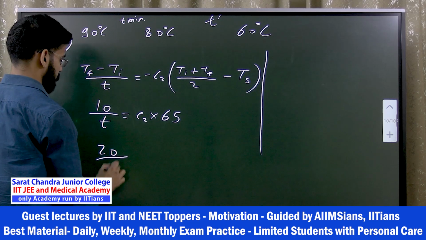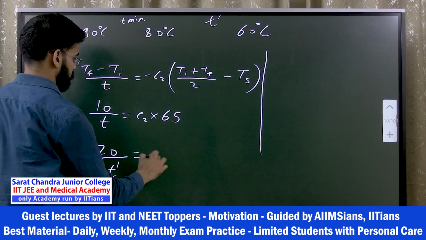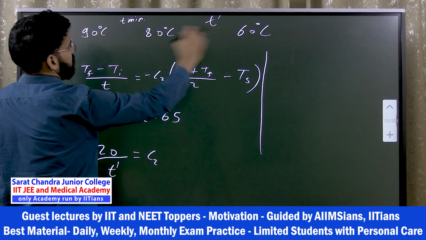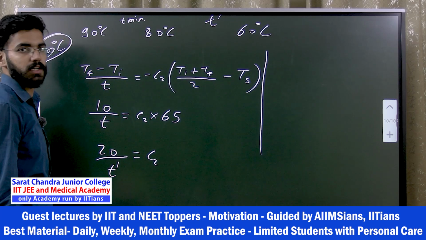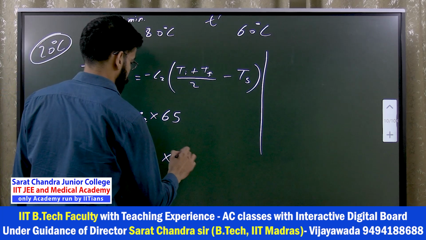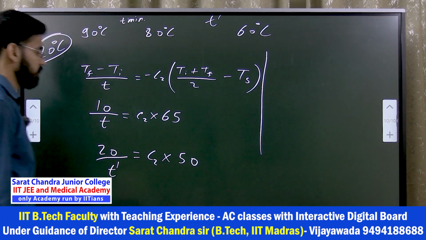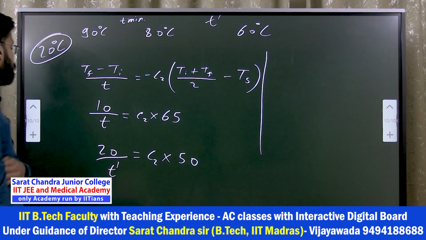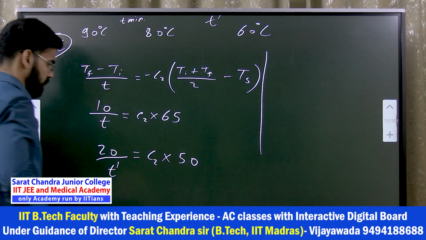This will be 20 by T dash is equal to C2 into (T initial plus T final by 2 between these two temperatures). 60 plus 80, how much? 140, 140 by 2, 70, 70 minus 20, 50. That's what we got.